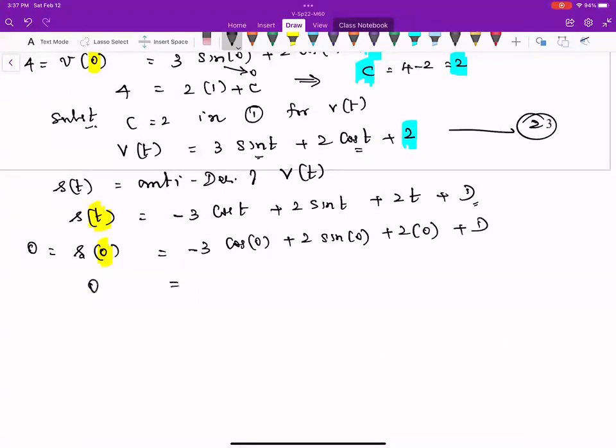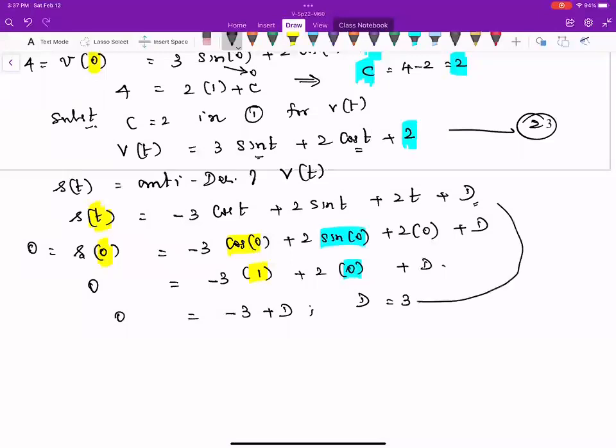So 0 equal to negative 3 times 1, cosine 0 equal to 1. Then 2 sine 0, 2 times 0, sine 0 is 0, plus 2 times 0 is 0, plus d. So we get 0 equal to negative 3 plus d, or d equal to 3.